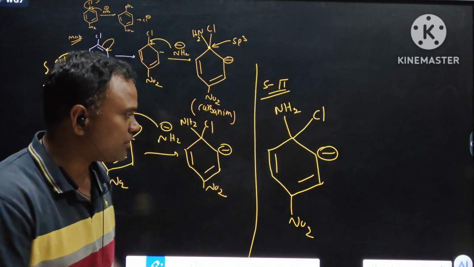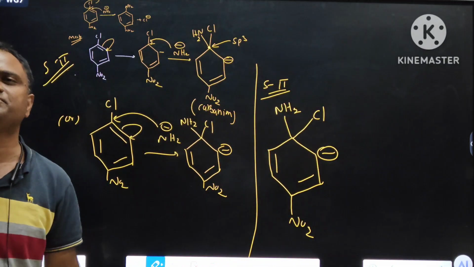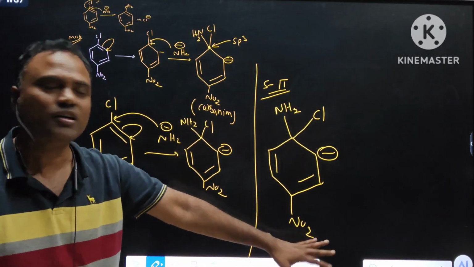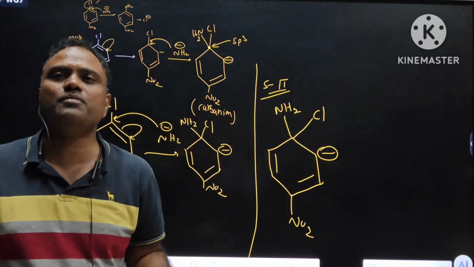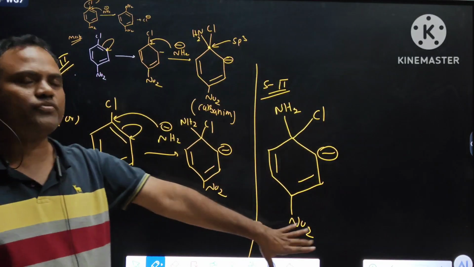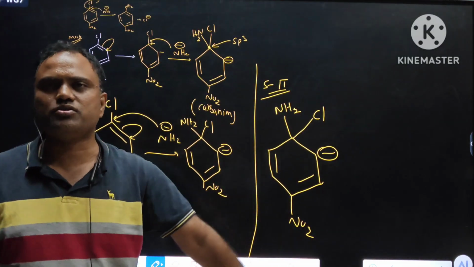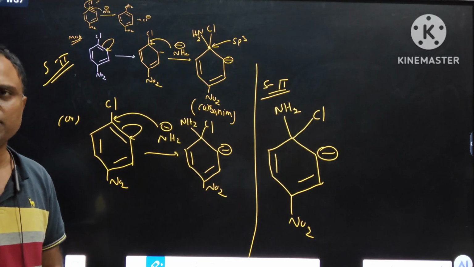This carbanion is stabilized by resonance by minus M groups. That is the reason. If minus M is not present, then how will this intermediate be stabilized? The intermediate will not become stable, the reaction will not take place. Clear? That is the reason. Presence of minus M is a must in the ortho position or in the para position.